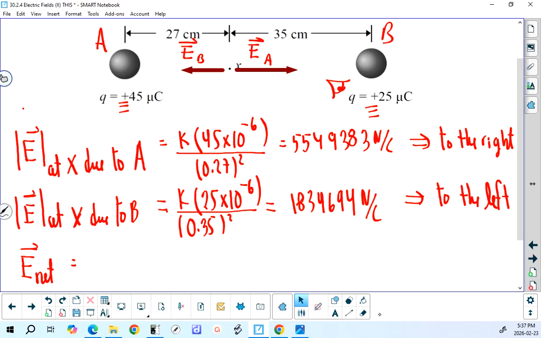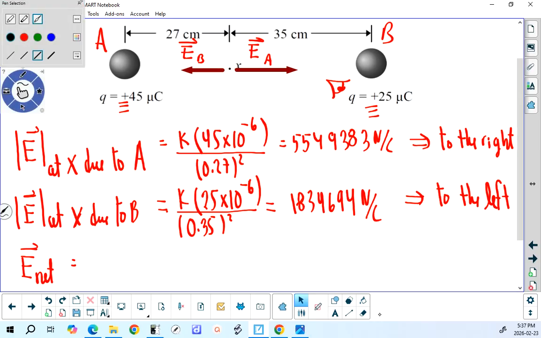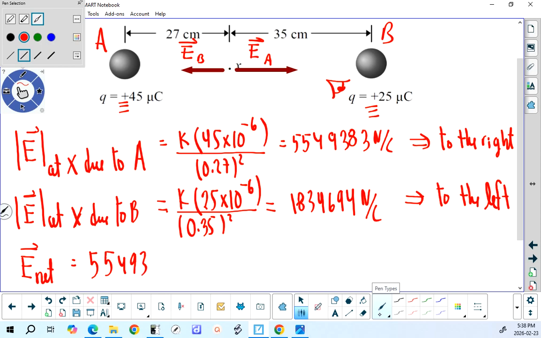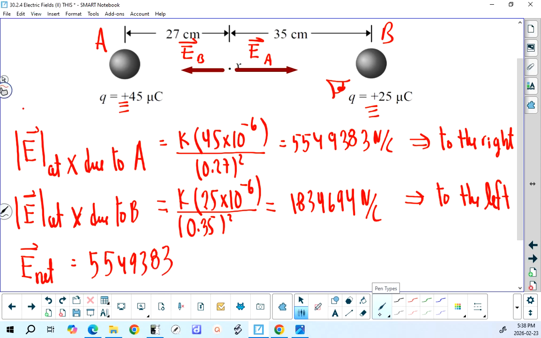So how do you add vectors? You have to consider direction. If you're adding two vectors that are in the same direction, you simply add the magnitudes. That's not the case here. If you're adding vectors that are in opposite directions, then you subtract the magnitudes. Larger magnitude, in this case, 5549383 newtons per coulomb, minus 1834694 newtons per coulomb.